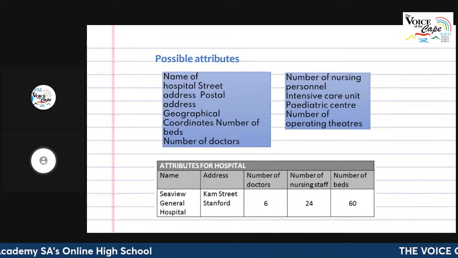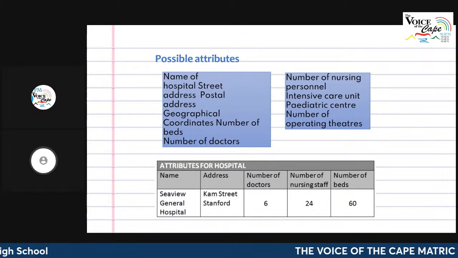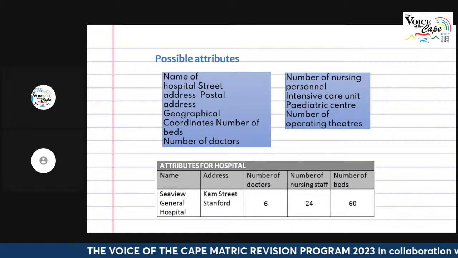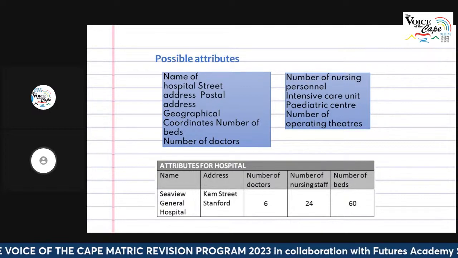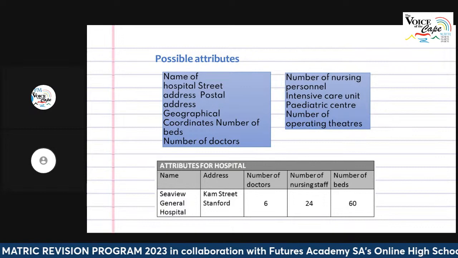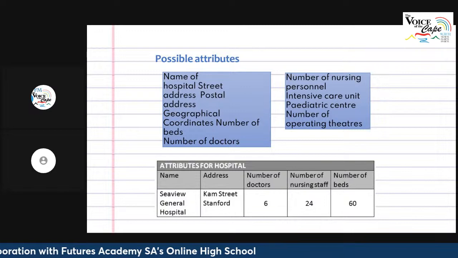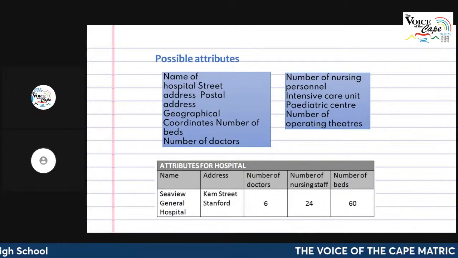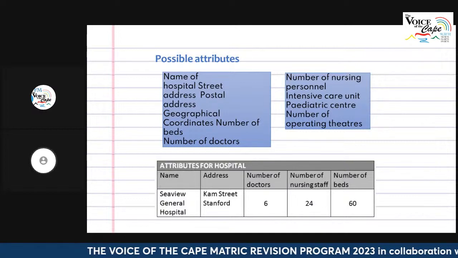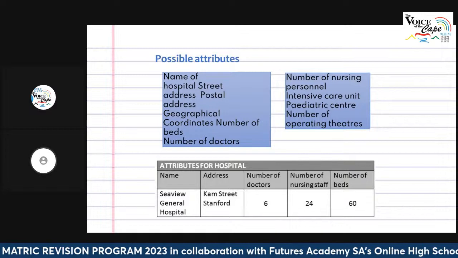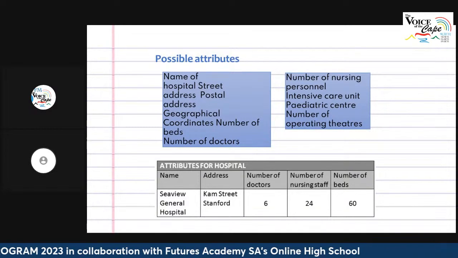Now, how do we attribute data? So, for example, you could possibly give the address, the name of the hospital, the street address that it is found on, the postal address, the geographical coordinates, the number of beds within that hospital, or the number of doctors, the number of nursing personnel, how many intensive care units they have, whether they have a pediatric center, or the number of operating theaters.